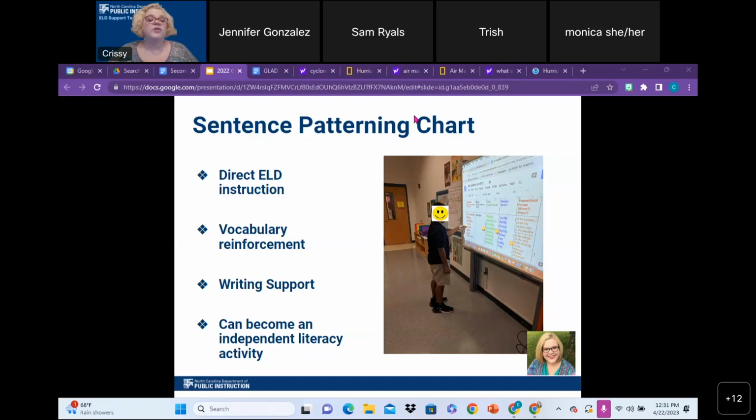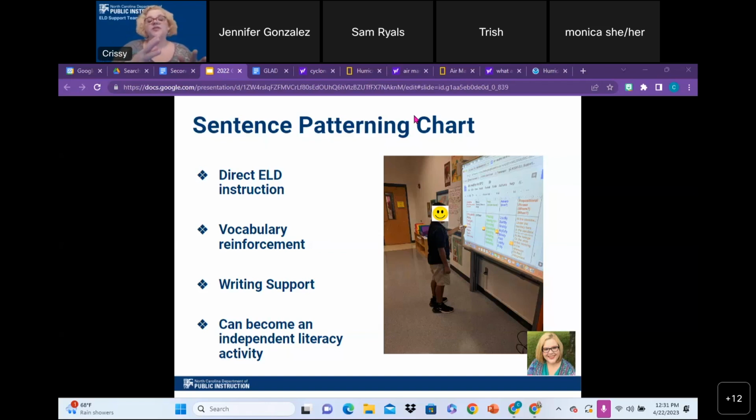It also reinforces vocabulary because those academic terms that we've been using in the chant and throughout the unit are used in this strategy.